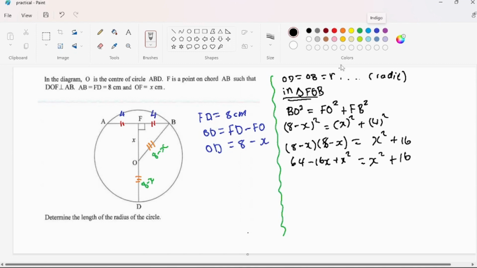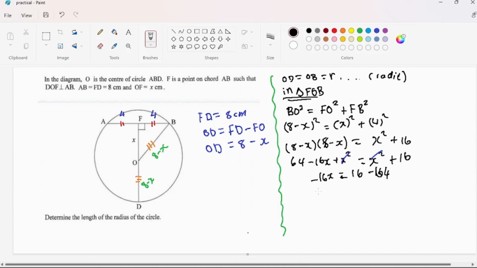So after this, guys, we are going to transpose. Since we have x squared as a positive and x squared as a positive on this other side, they are going to cancel each other out. And then we are going to be left with negative 16 on this side. And then we are going to say 16 minus 64.